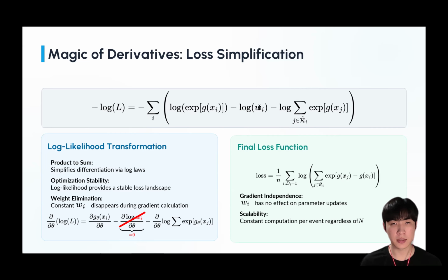This is a brilliant engineering trick. It allows us to include complex statistical corrections for integrity without adding any extra computational burden during backpropagation. The result is a simple, stable loss function that focuses only on the sampled events.